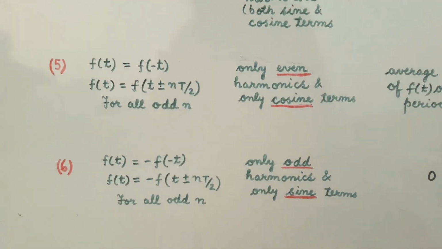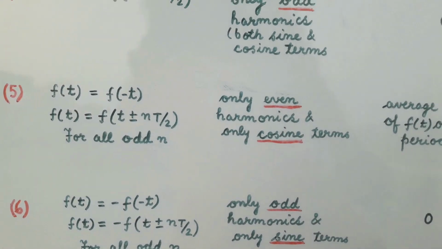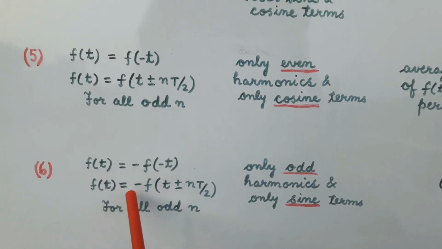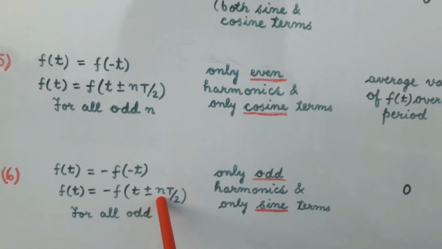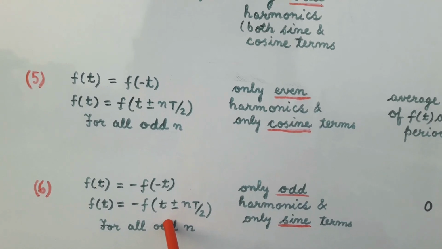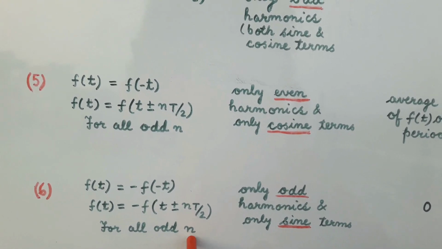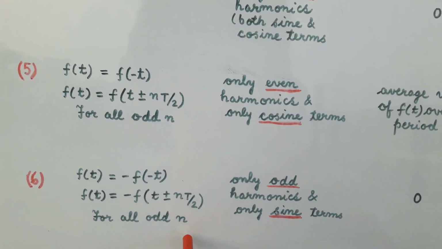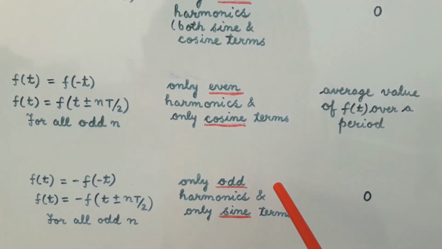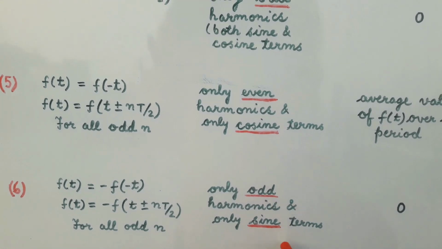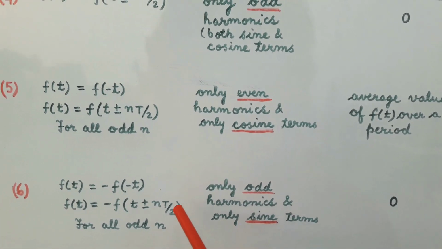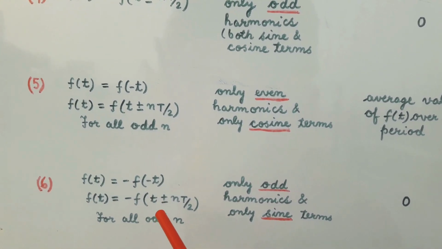Now, the last condition for symmetry is that f of t is equal to minus f of minus t and f of t is equal to minus f of t plus minus nT by 2 for all odd n. That is, in this case the second and fourth conditions are both satisfied, then the function will have only odd harmonics and only sine terms will be present in the Fourier series of such a periodic function.